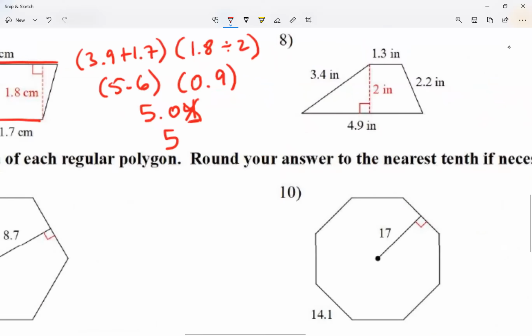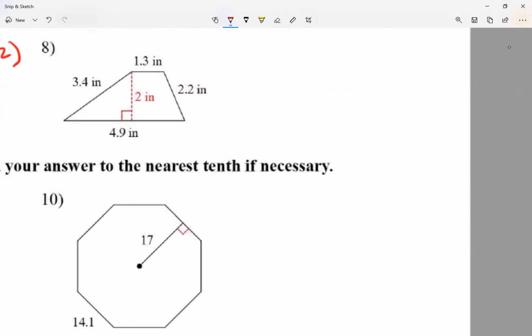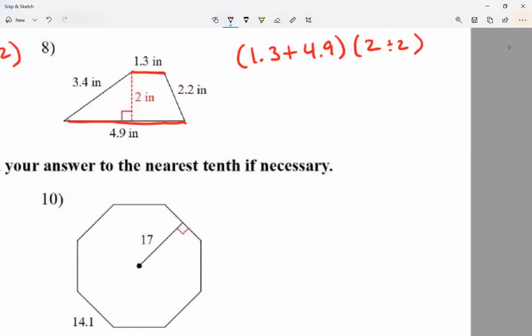Let me take a look at number 8. First thing, I'm going to add the two bases, and bases are those two sides that are parallel. So my first parentheses is 1.3 plus 4.9. I'm adding the two bases. My second parenthesis is going to be 2 divided by 2, the height divided by 2. 1.3 plus 4.9, my first parenthesis is 6.2.